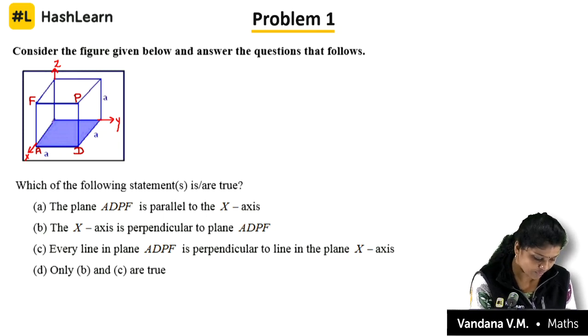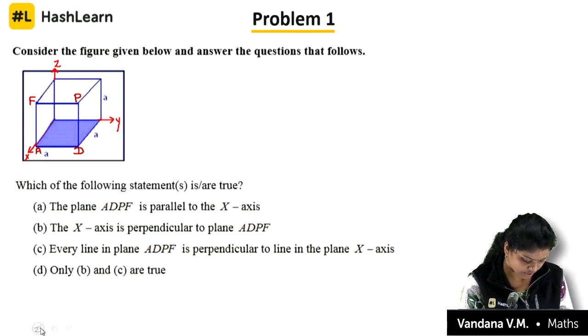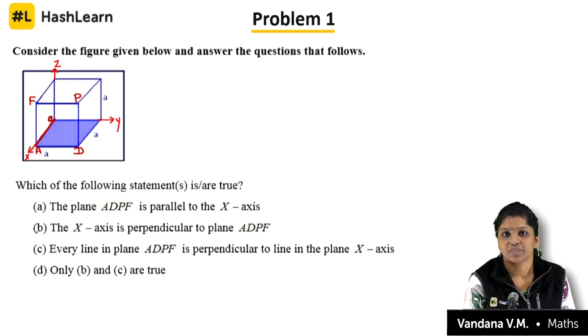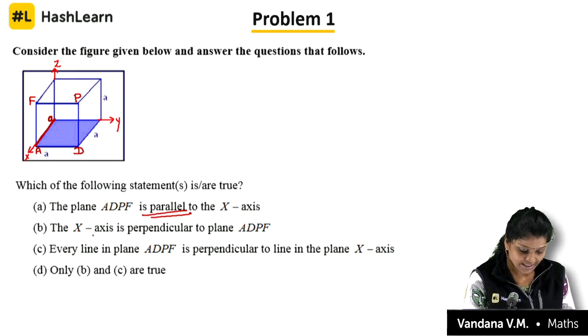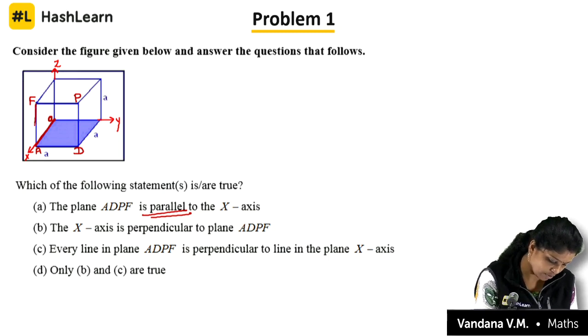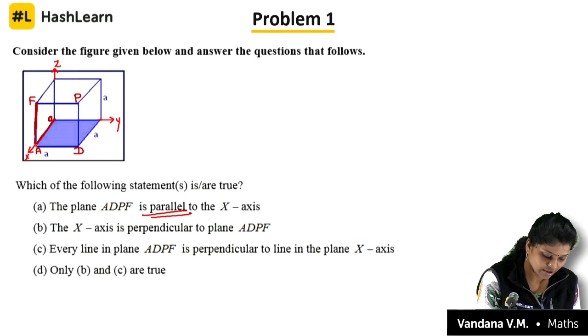No. See, along the x-axis, here is the distance, here is the origin, so it's making some value. So it is not parallel. The x-axis is perpendicular to the plane ADPF, isn't it? It is perpendicular. See, it is perpendicular to the x-axis. This is the plane actually.